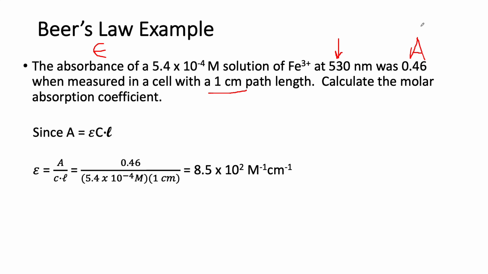So all we do is apply Beer's law, A equals epsilon CL, but in this case we're looking for the absorbance coefficient, so we solve for that and you get A over CL. We plug in the 0.46 unitless, the concentration, and the path length, and you come out with 8.5 times 10 to the 2 per molar per centimeter.